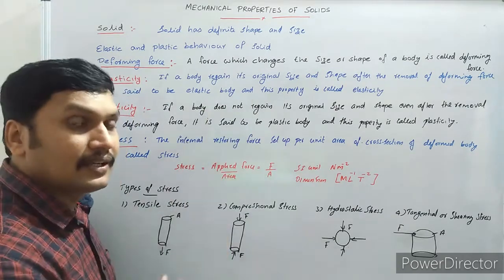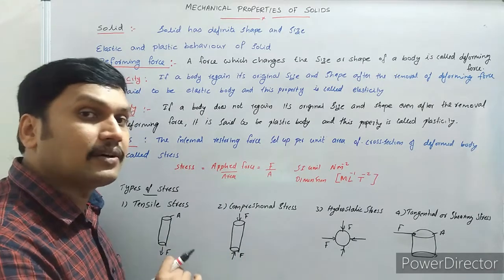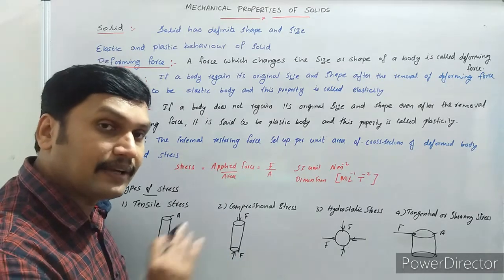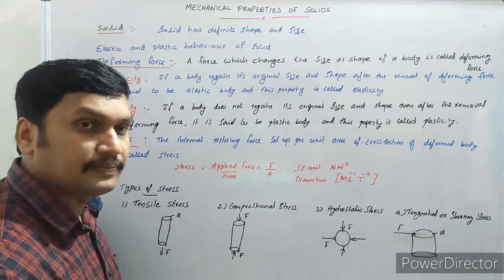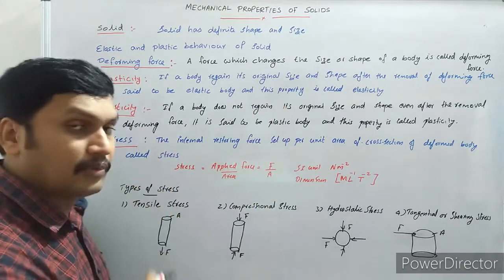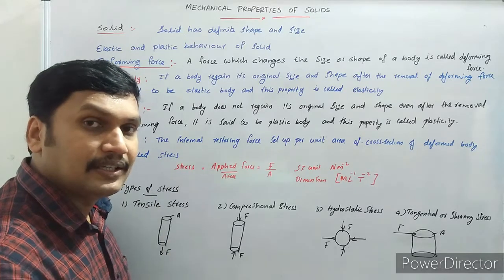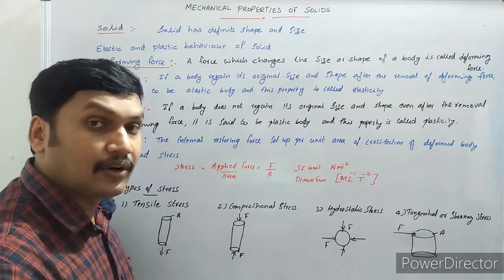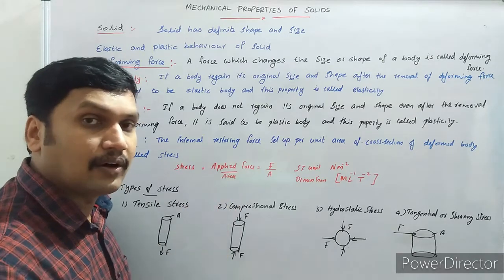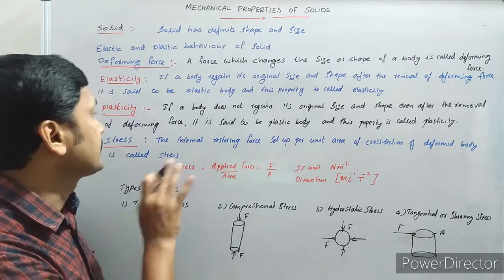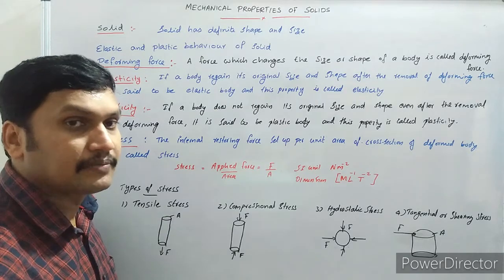Elastic bodies are solids which regain the original size and shape after the removal of the deforming force, whereas plastic bodies are solids which do not regain the original size and shape even after the removal of the deforming force. They are known as plastic materials or plastic bodies.